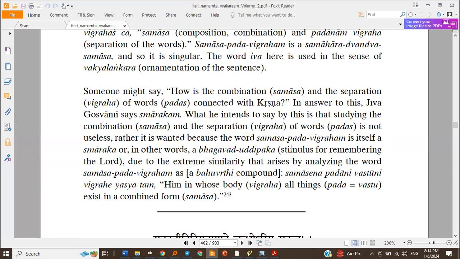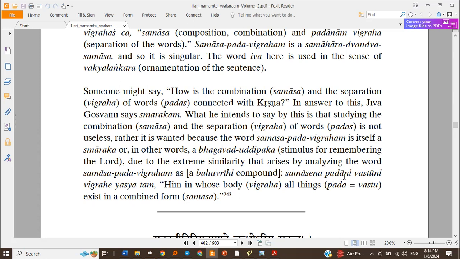Again, Jiva Goswami says smarakam. What he intends to say is that studying the combination and separation of words is not useless. Rather, it is wanted because the word samasa pada vigraham is itself a smaraka, or in other words, a bhagavad uddipaka, a stimulus for remembering the Lord, due to the extreme similarity that arises by analyzing the word samasa pada vigraham as a bahuvrihi compound.